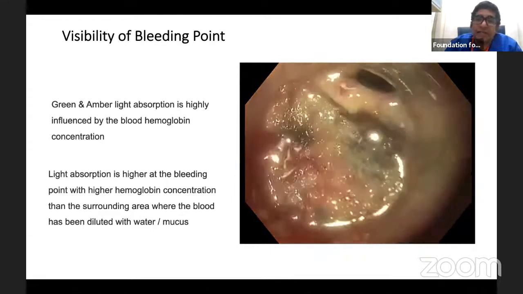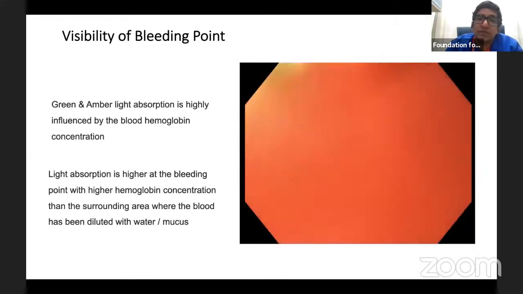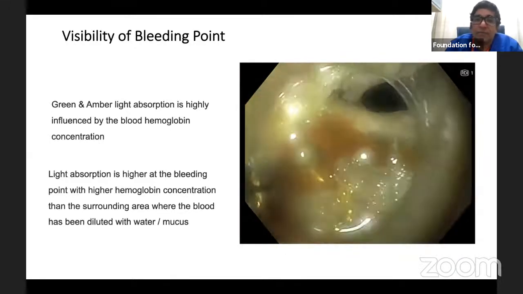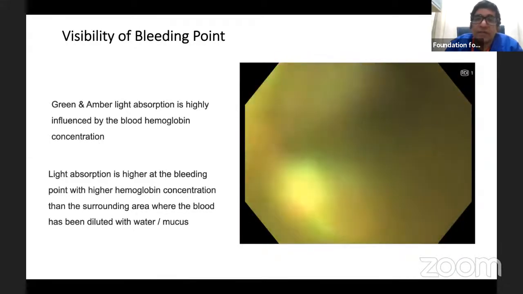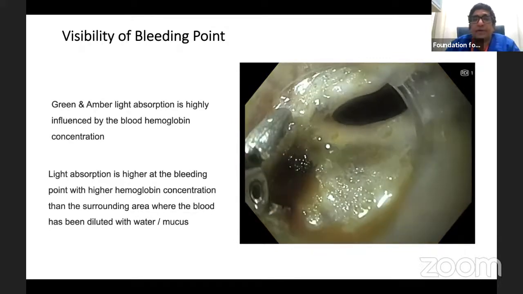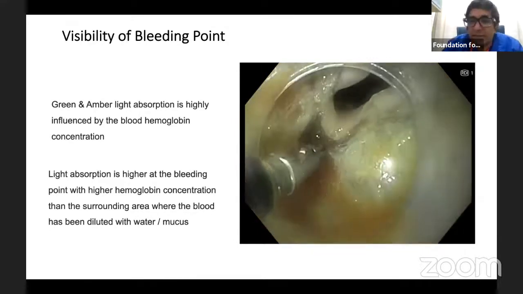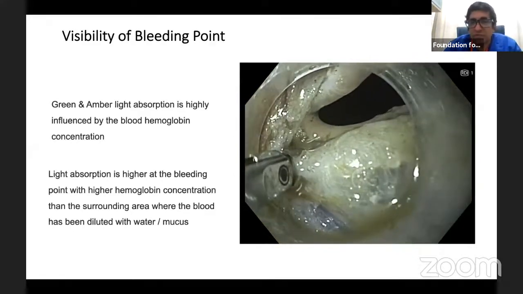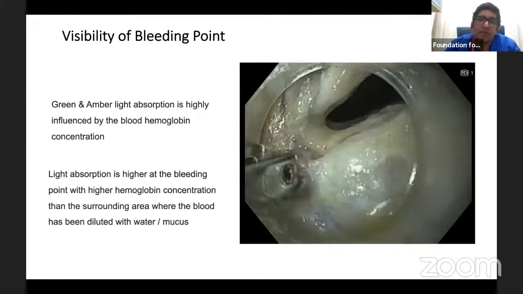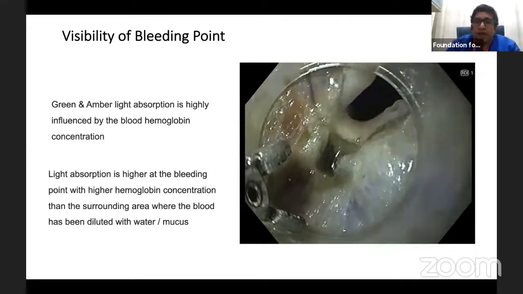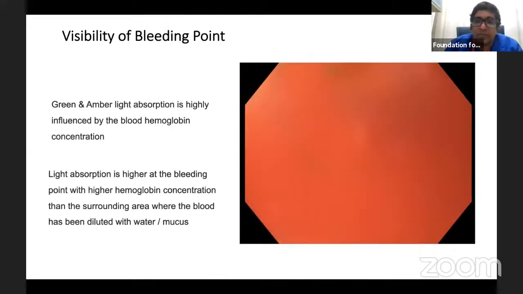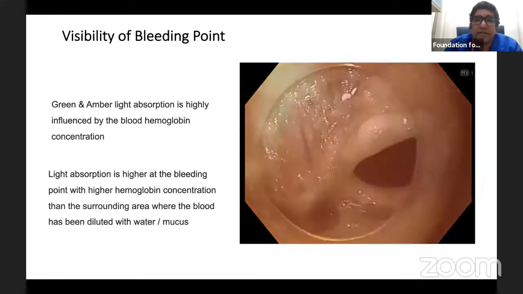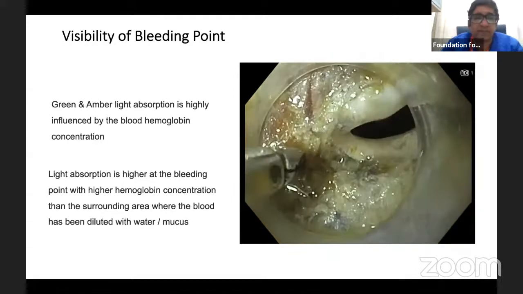And this is the second use: if you use white light, everything becomes red, and if you use RDI, you are able to pinpoint the one bleeding point. So these are the two basic uses of RDI. There are other uses also, which will be enumerated, but these are the two. One is to identify the deep vessel to place your incision. Two, in a bleeding scenario, you can identify the vessel.